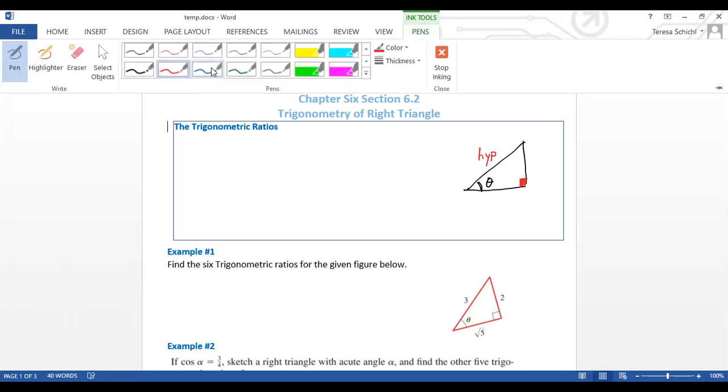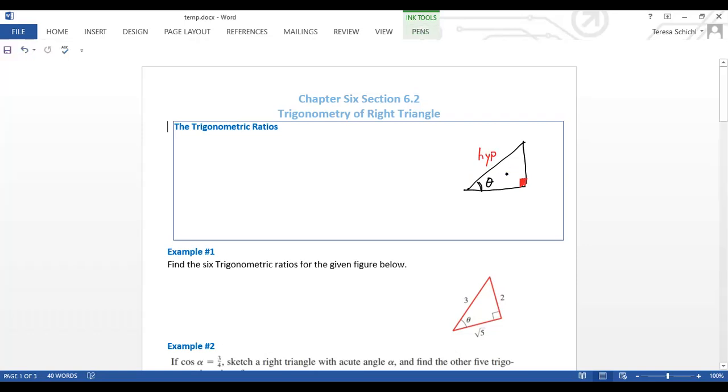The side that faces theta we call the opposite side, and the one right next to theta we call the adjacent side.